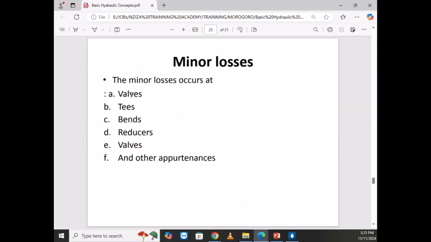About minor losses, I was saying there are some losses caused by valves, by tees, by bends, reducers, and the other apparatus which may occur in the network. You will see most of them will not even appear in the model. That is why we don't consider those losses most of the time.